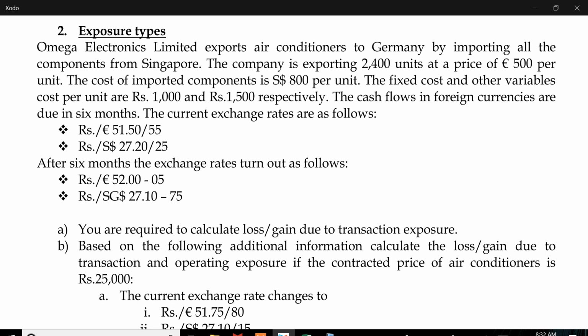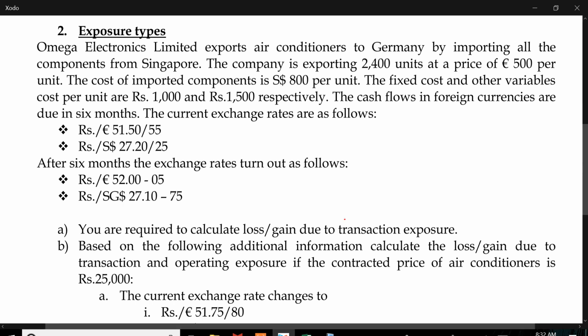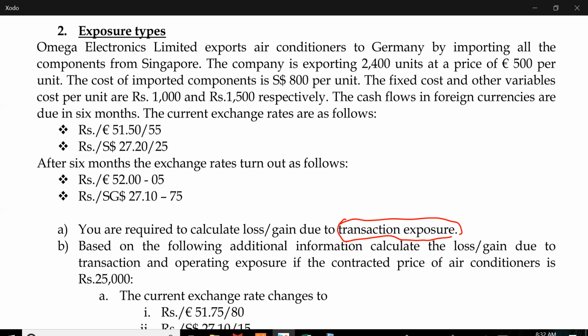The first part of the question is asking profit or loss due to transaction exposure. What this means is, I'm going to calculate the profit as if the realization happens today, and next the profit as if the realization happens after 6 months. Anyway, in reality it's going to happen after 6 months.